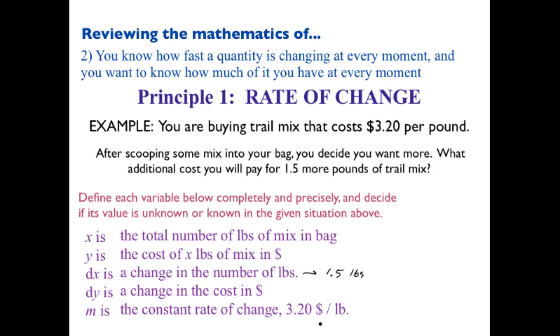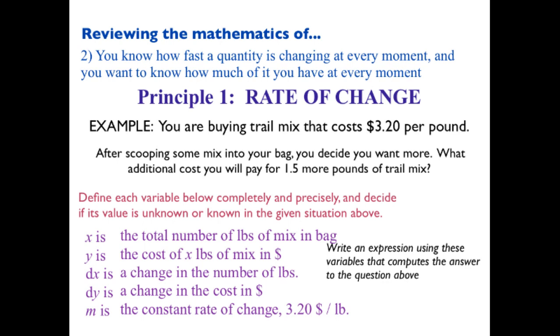All right, so I asked you to do a calculation earlier. Now I want you to write an expression using two or more of those five variables, x, y, dx, dy, and m, that represents computing the answer that you did earlier. I asked you to calculate the additional cost for 1.5 more pounds.